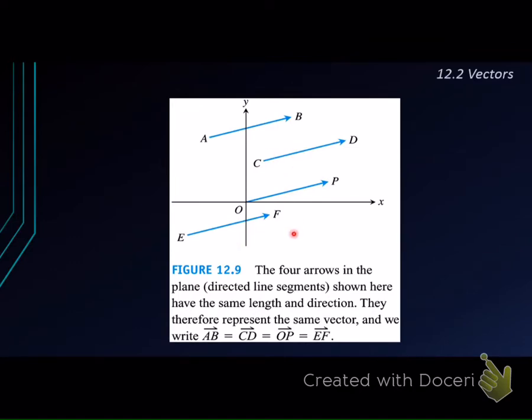Well, obviously they have the same direction, only at different positions. Okay, and they also have the same length. So if they have the same length and the same direction, we say AB is equal to CD is equal to OP is equal to EF.